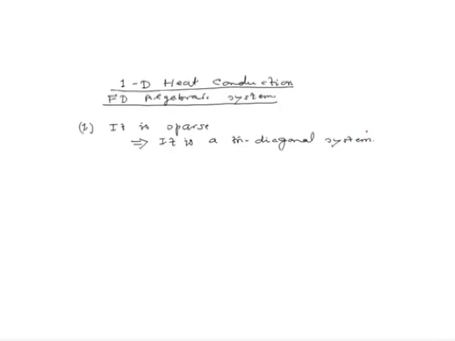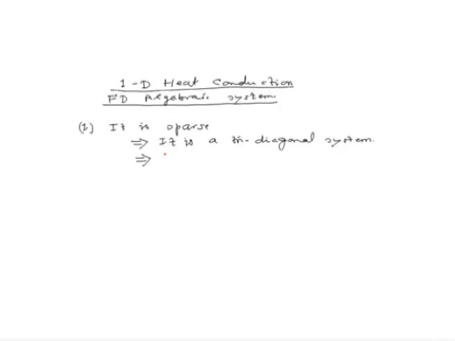So, in the next module, when we discuss solution of algebraic equations, we will discuss one very important and very elegant algorithm which is called TDMA algorithm. So, we can solve this system very efficiently using TDMA.